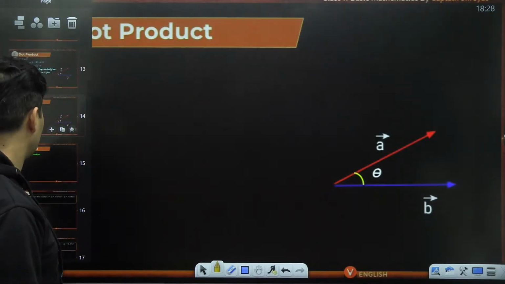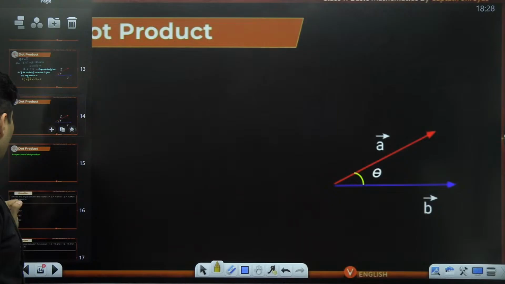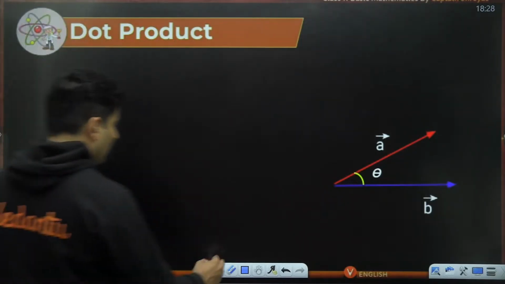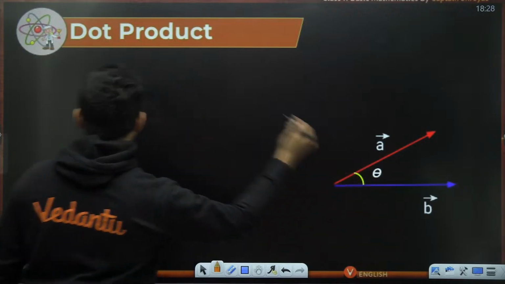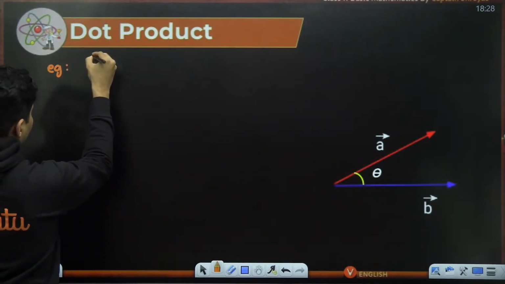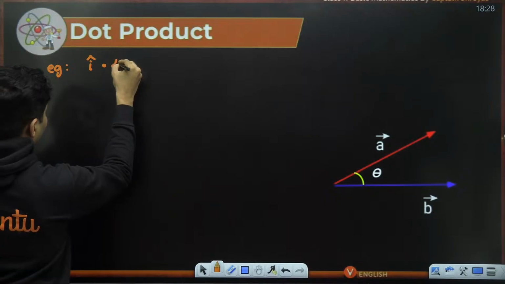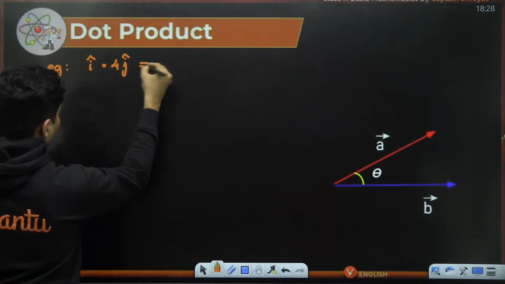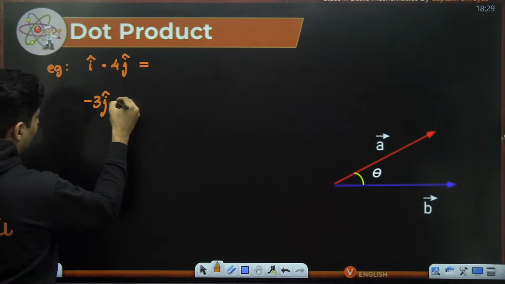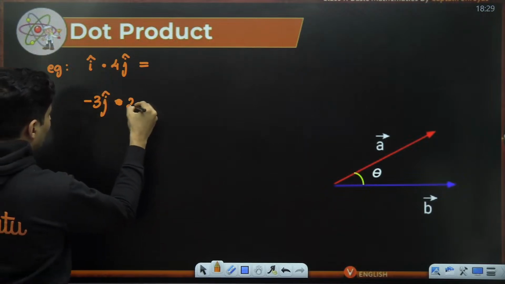Okay, sir. Understood. Now, what if I had to give you some examples of this? Okay. Let's start with some examples. I cap dot 4 j cap. What is the answer? Minus 3 j cap dot 2 k cap.